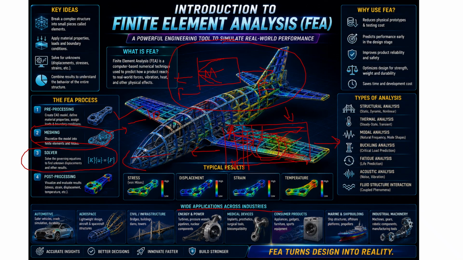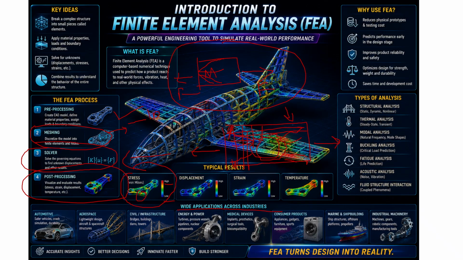Then next is post-processing. Post-processing is to visualize and evaluate the results. The software will give us the result, showing how the stresses are going to be in the part. You can see in this image that red means high stresses and blue means low stresses. The software will show where the stresses are generated.